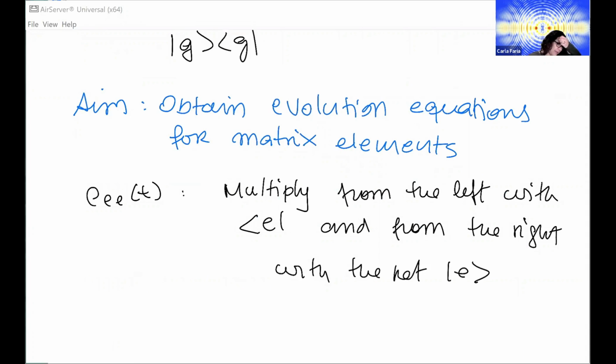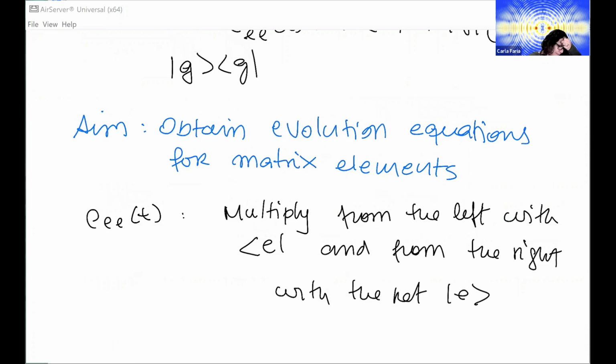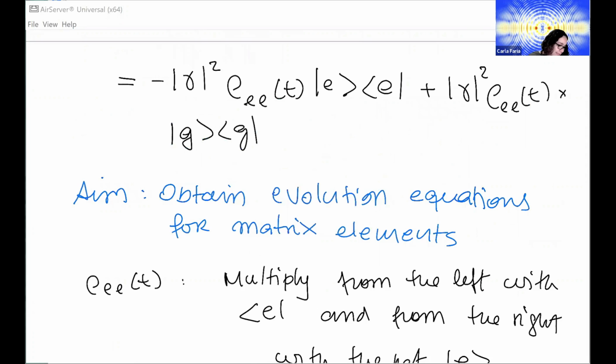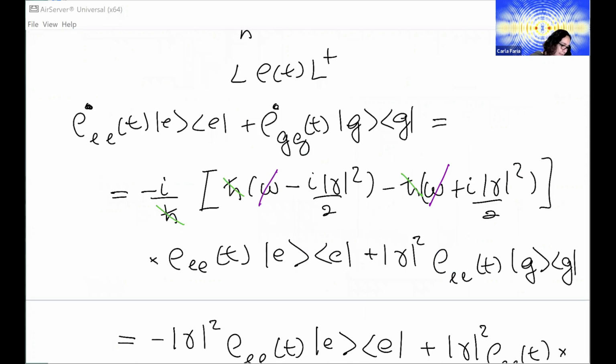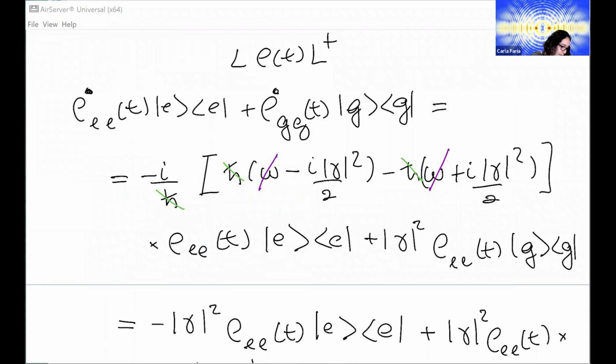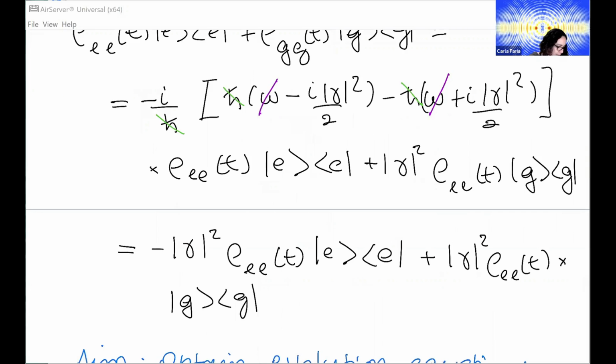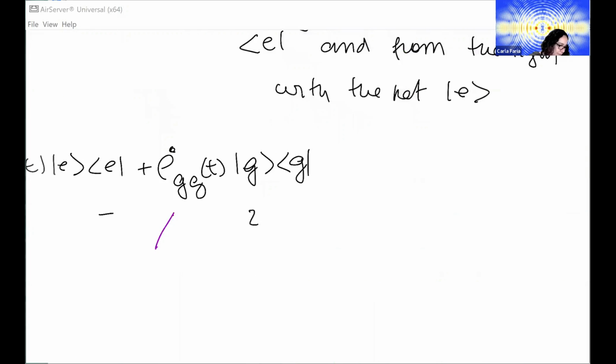Okay, so let's do that. And if you do that, you see the following. Let's get this left-hand side. Copy. Maybe I can do some paste. Okay.